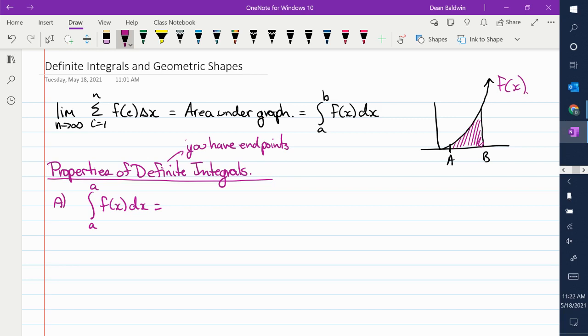It's going to be 0. If I have some graph like this, and that's A, and I go from there to there, I have no area. There's no width, right? If there's no width, there's no area. So if the endpoints match, the area is 0.